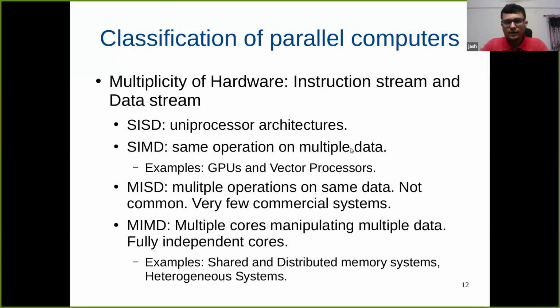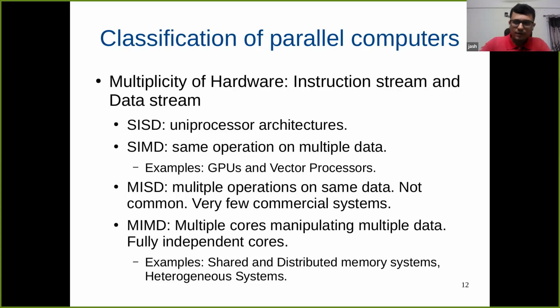Okay, let us move to the next slide, which is about classification of parallel computers. This is also known as Flynn's taxonomy, in which we classify systems based on the multiplicity of hardware, especially the multiplicity of the instruction stream and data stream.